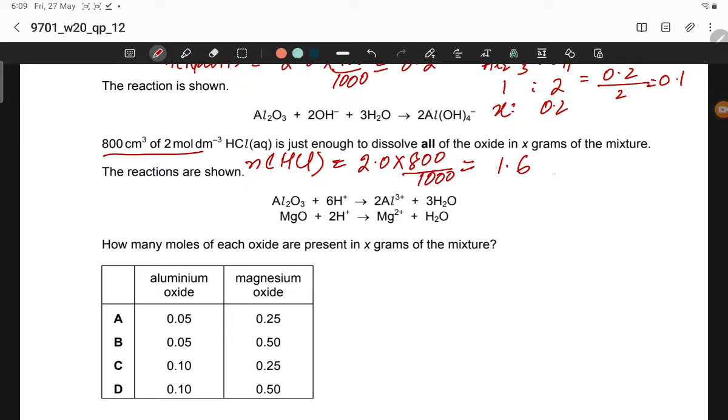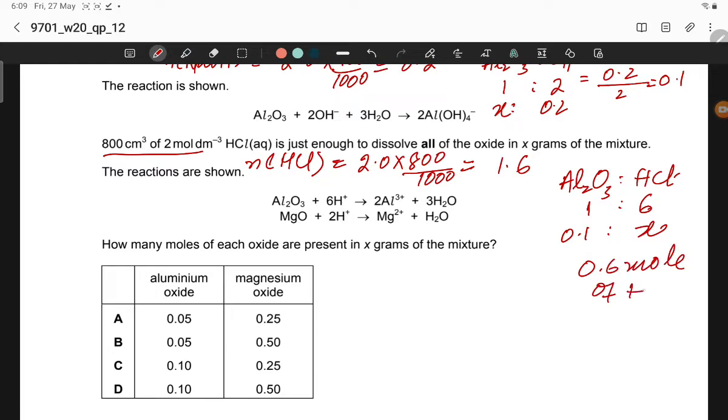So aluminum oxide to HCl ratio is 1:6, and 0.1 mole ratio x. This is 0.6 mole of HCl.